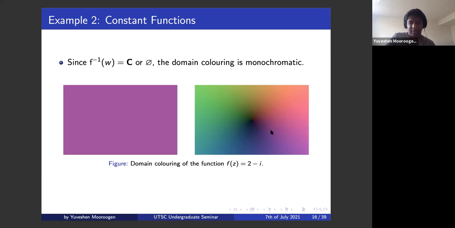So if my 2 minus i is some kind of purple with some darkness of purple, then my domain coloring is just going to be that color, that kind of purple, so that shade and that hue. And then if I take any other point in the codomain, then my function doesn't even go there, which means that the pre-image is going to be empty, so I don't have to color anything.